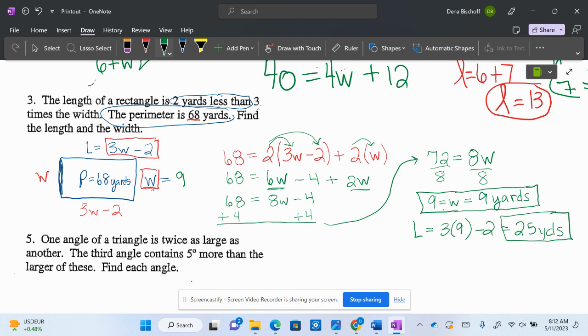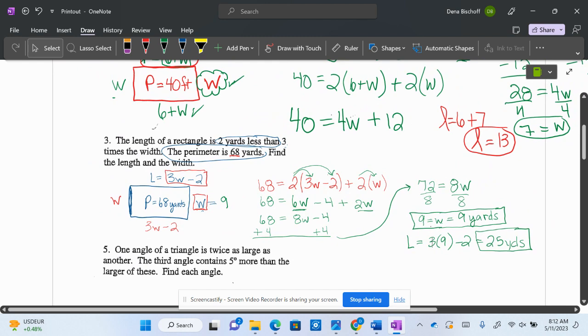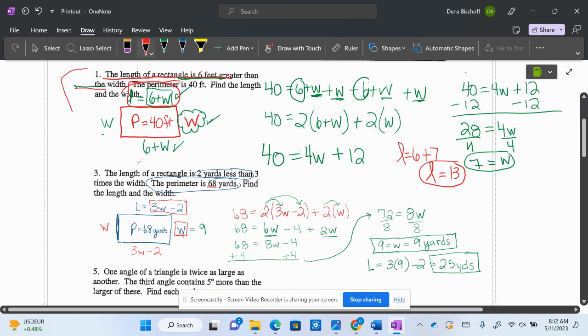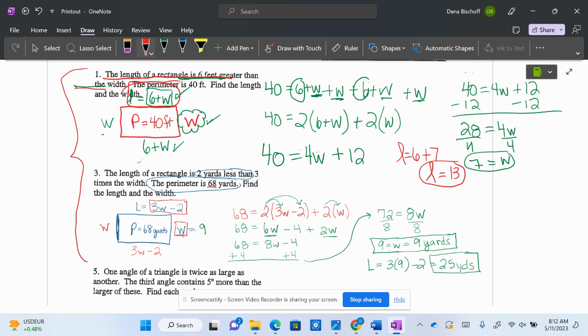So both of these are examples of perimeter with a what? What shape did we talk about? Yeah, so both of these are examples of perimeter with a rectangle. So I'm going to write over on the side: perimeter, rectangle.